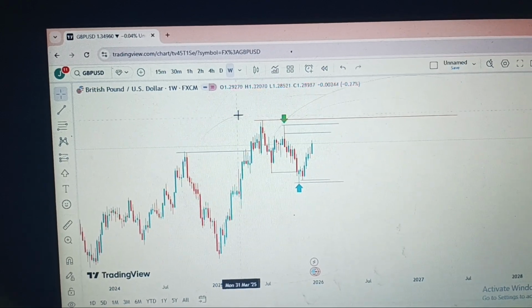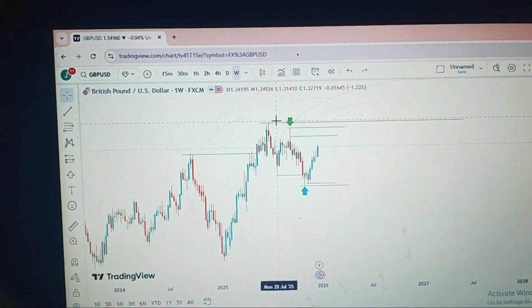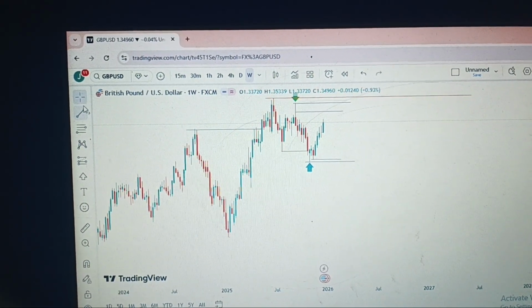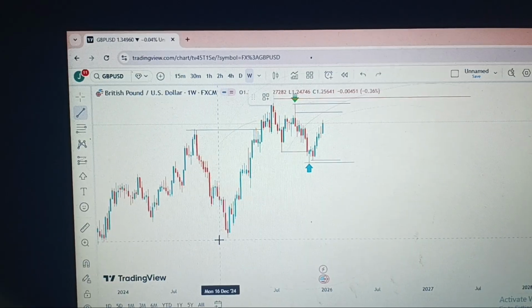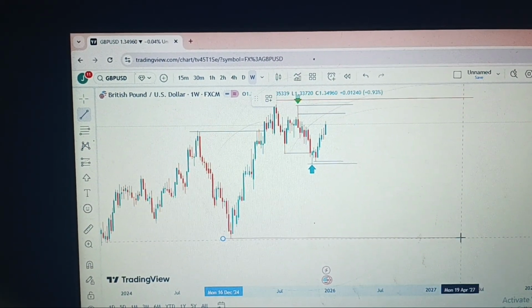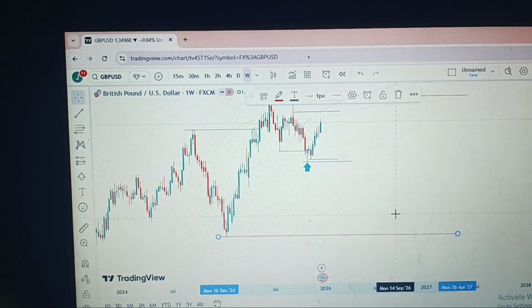Now this is the highest point. We can see that this push here is a bearish push, in the form of a retracement within the weekly trading range.